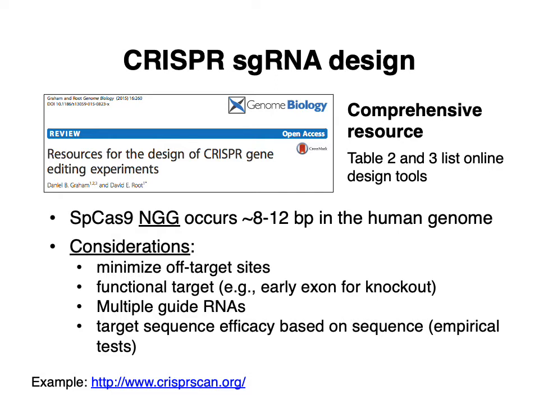Cleavage efficiency can increase or decrease depending on the nucleotide composition of your target sequence. For example, a guide RNA that has a G at position 20 of your seed sequence, just one base pair upstream from the PAM sequence, might be more efficient than guide RNAs that have a C at that same position, even if the whole guide RNA is a perfect match to their respective target sequences.